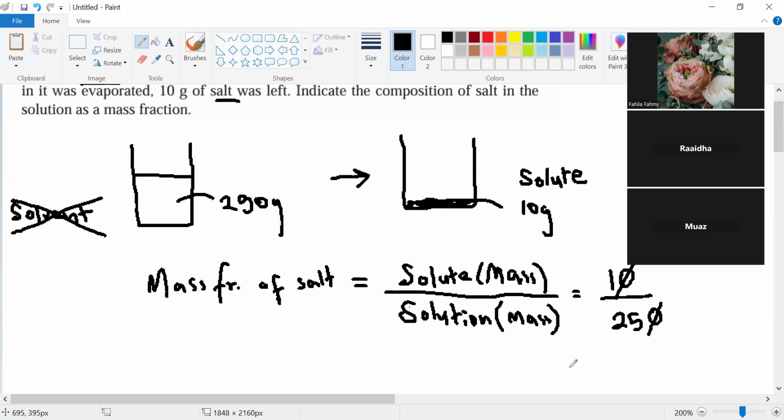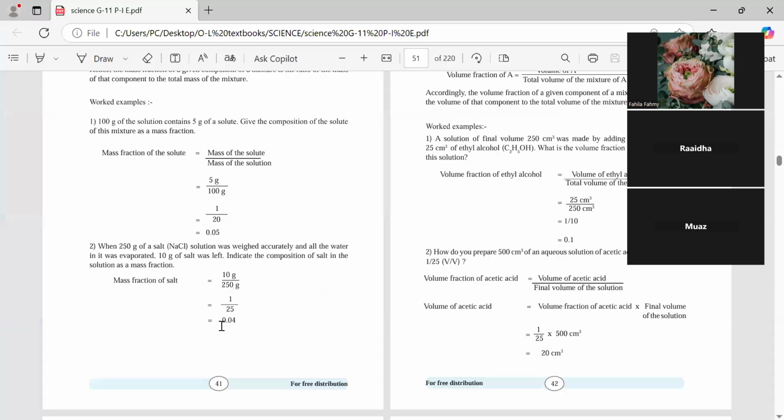So how much would that be? 1 over 25 would be 0.04. Yes, that is the answer. Right? So you don't have a unit when you are talking about mass fractions.